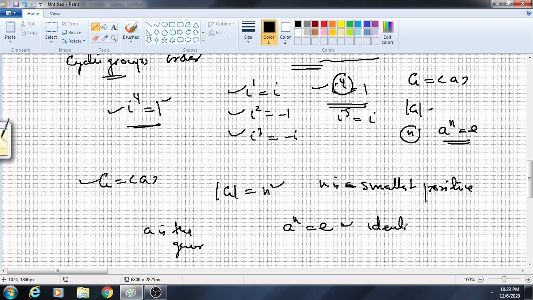We are going to establish that. This is true in the case of finite groups. In infinite groups we can't find such an n. So this is the case of finite cyclic groups, where I can always find such an n.